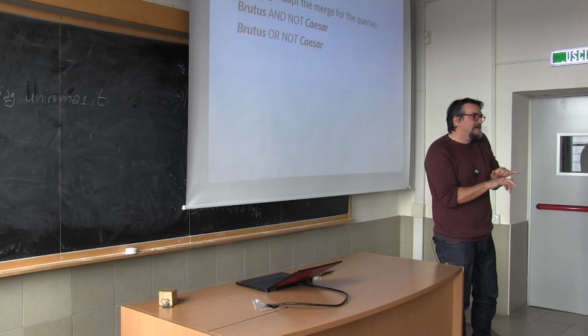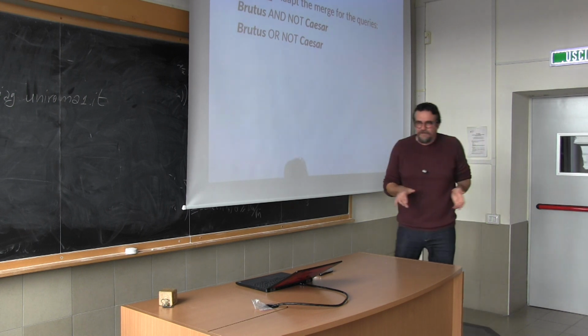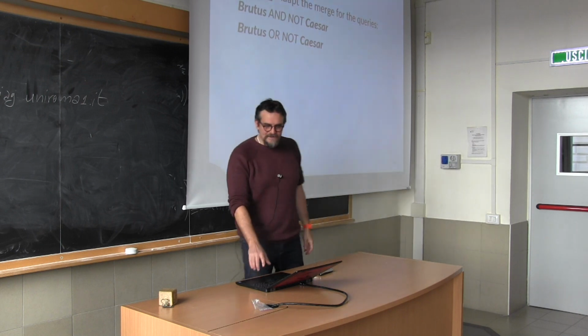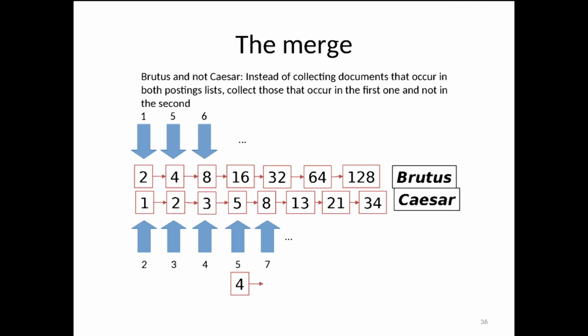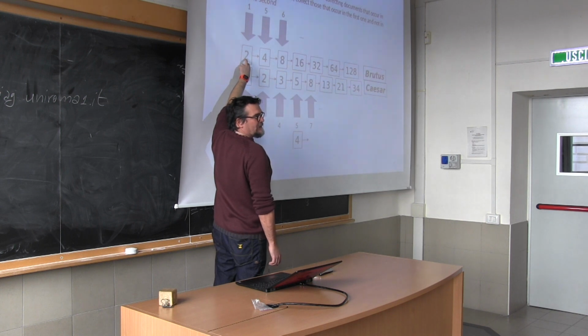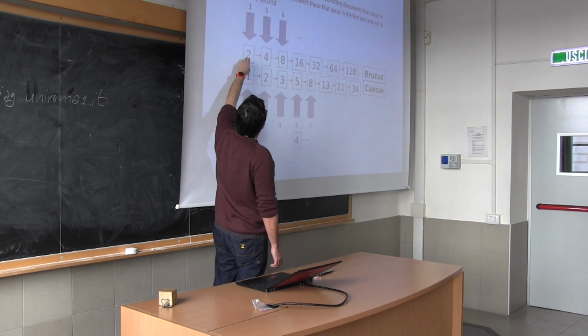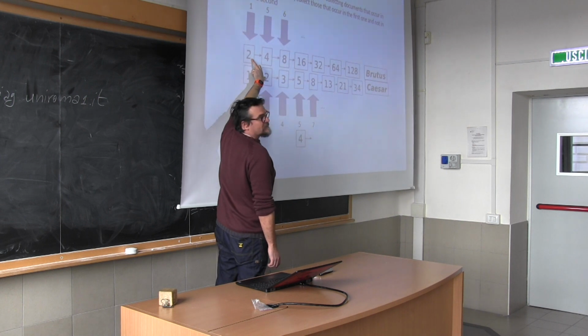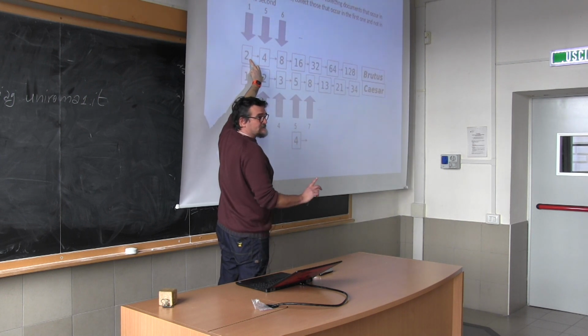So can we do it in linear time as we saw before, x plus y? Yes, we can. Why not? It's basically the same algorithm we saw before, in which you start. Here you have 2, here you have 1. Is 1 in 2? No. 2 is in both, so it's not a solution.